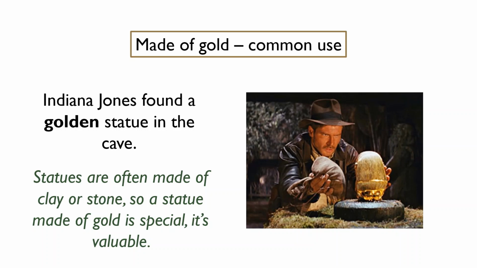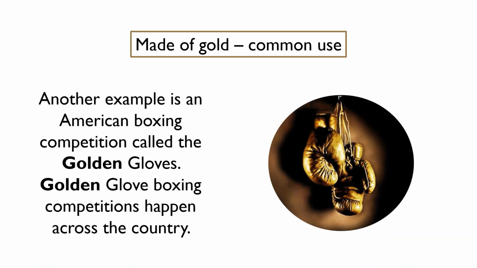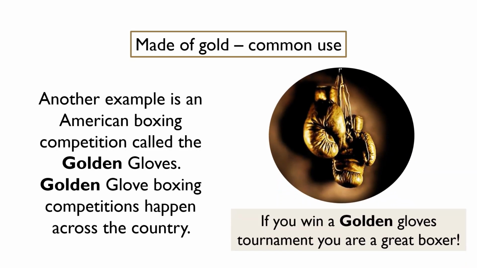It's valuable. Another example is an American boxing competition called the Golden Gloves. Golden Glove boxing competitions happen across the country. If you win a Golden Gloves tournament, you are a great boxer.